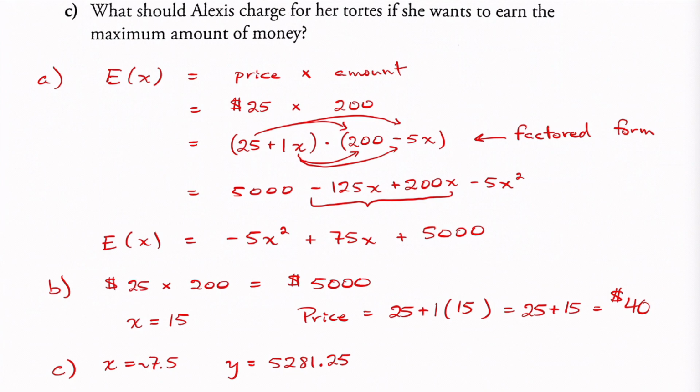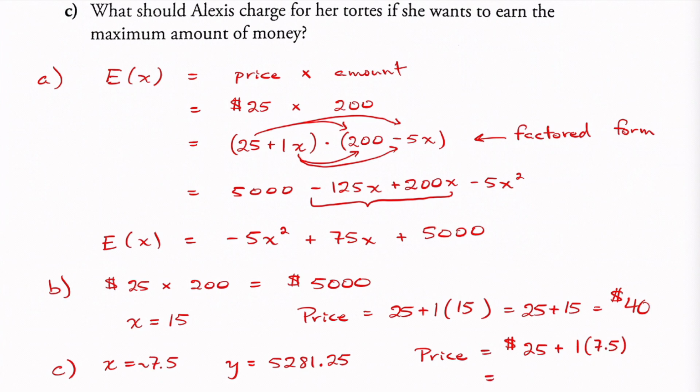Now what we wanted to find was how much Alexis should charge. And her price, we had said it was $25 plus 1 times whatever x is. We had written that right up here. Now x is 7.5. So let's write that out. Our price was $25 plus 1 times x, and x is 7.5.